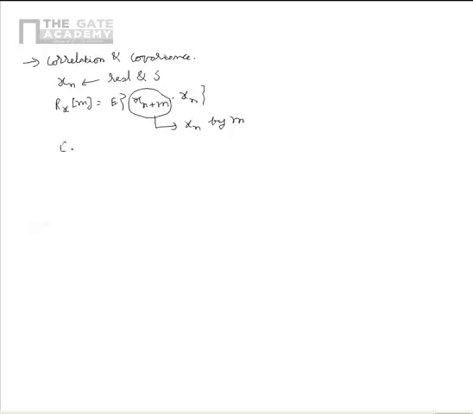Similarly, the autocovariance function is defined as Cx(m) equals the expectation of x(n plus m) minus mx multiplied by x(n) minus mx, where mx is the mean of the signal x(n).